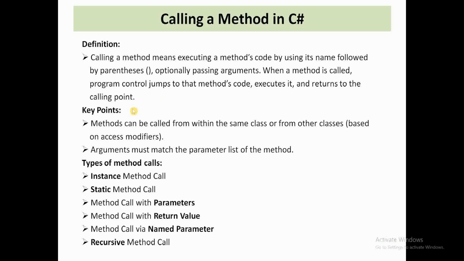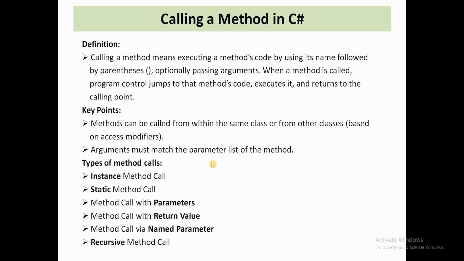Next we have some points. Methods can be called from within the same class or from other classes based on access modifiers. As I already told you, we can create the instance of that class and with that we can call the method. Otherwise we can directly use the class name with the method name if we have specific static methods.